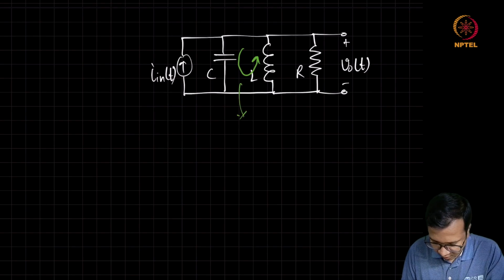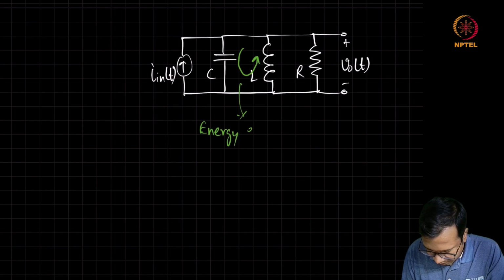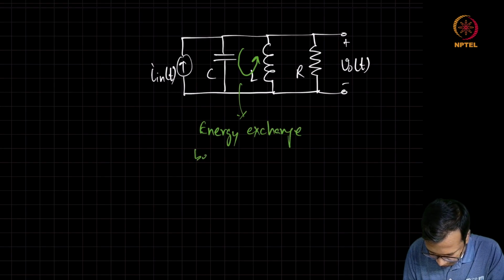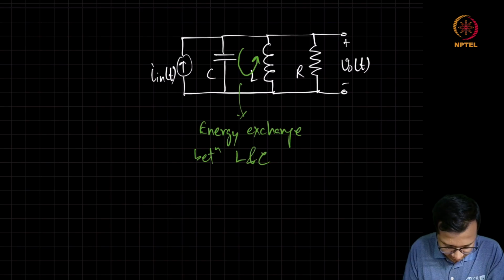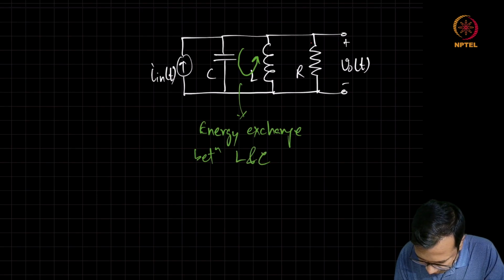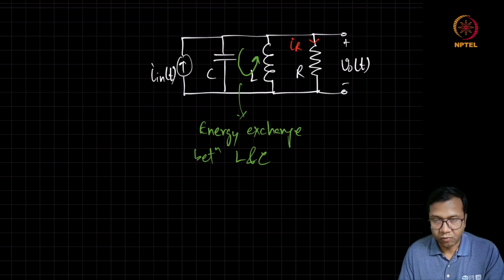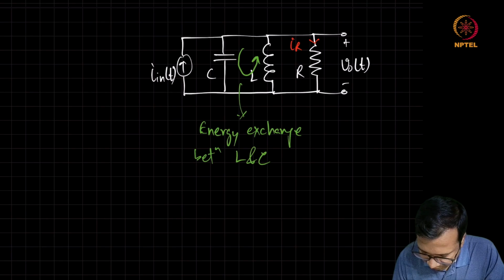So here energy exchange happens between L and C, but we have this current IR which has to flow, resulting in the loss.